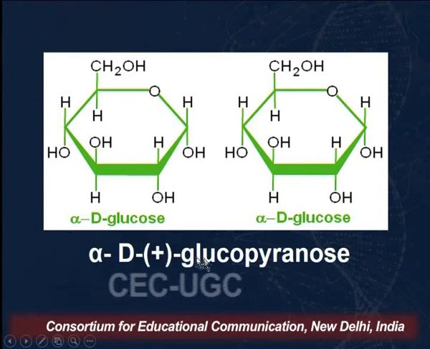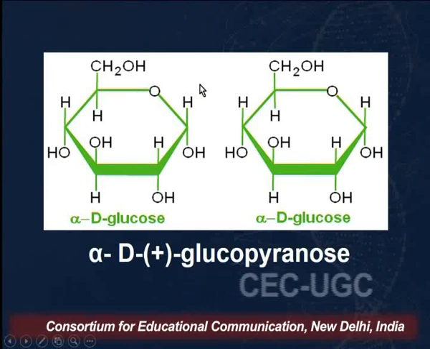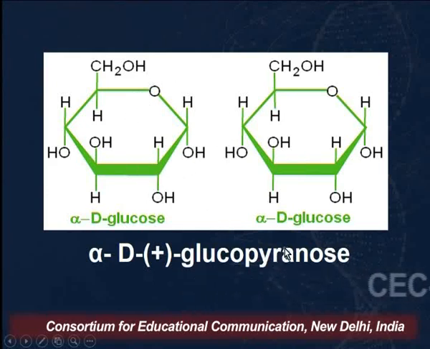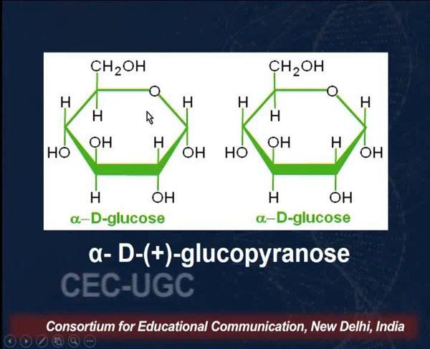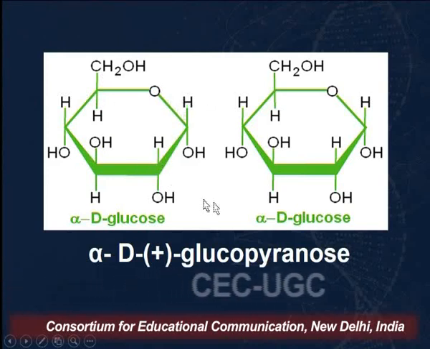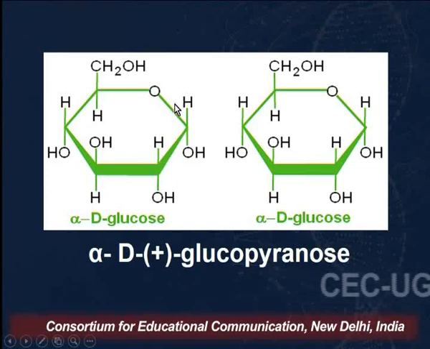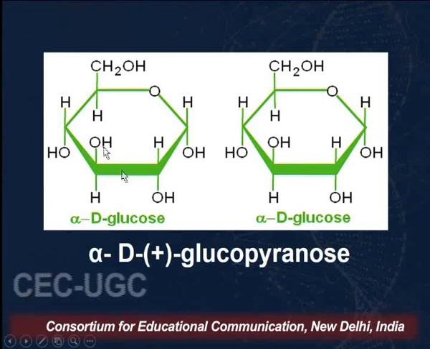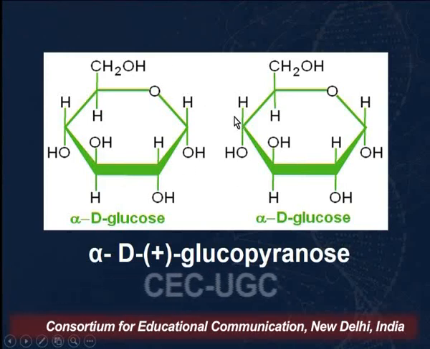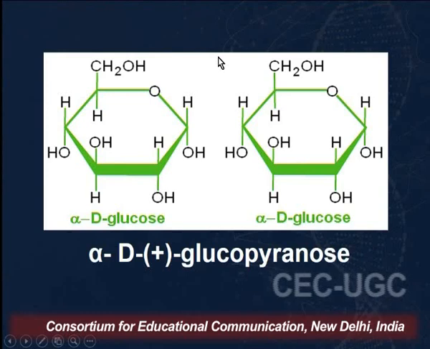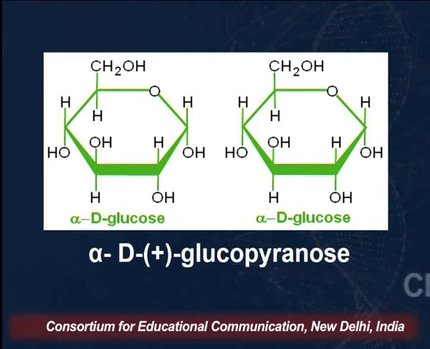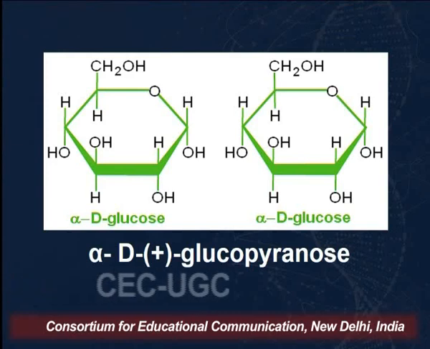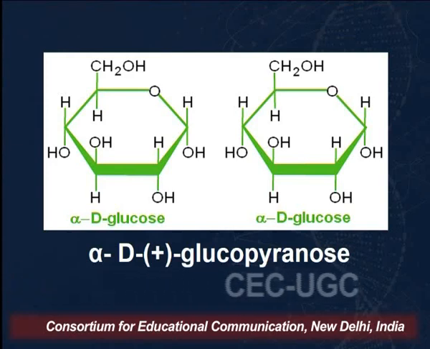Gluco, because it is a Haworth structure for glucose, and pyranose because it is a pyran, a 6-membered ring, heterocyclic ether link, and ose because it is a carbohydrate. This is what we mean. So, when we bring about the hydrolysis of maltose, this is a very important point that you have to remember, we get 2 units of alpha-D glucopyranose.